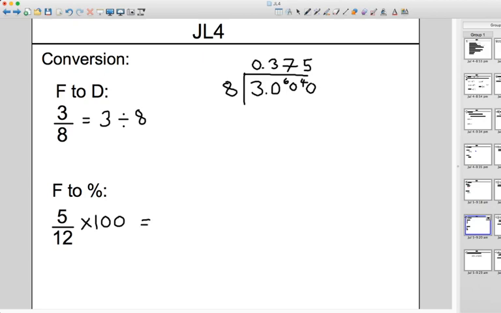Let's break this down a bit more. I need to break that 12 down because when you multiply this together, you're getting 5 times 100. And then 12 is 2 times 6, perhaps. Let's say it's 2 times 6.